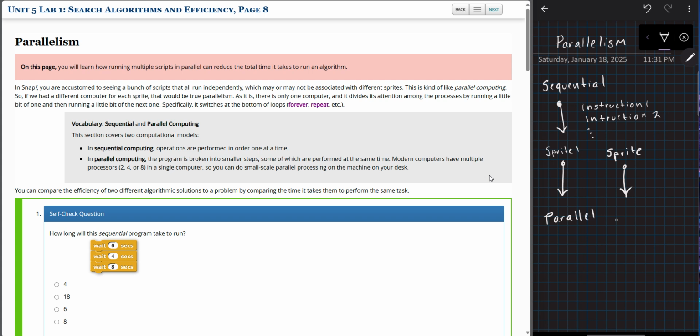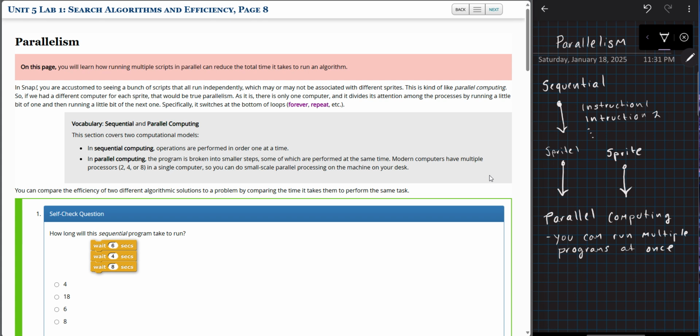Parallel computing, all it means is you can run multiple operations or programs at once.